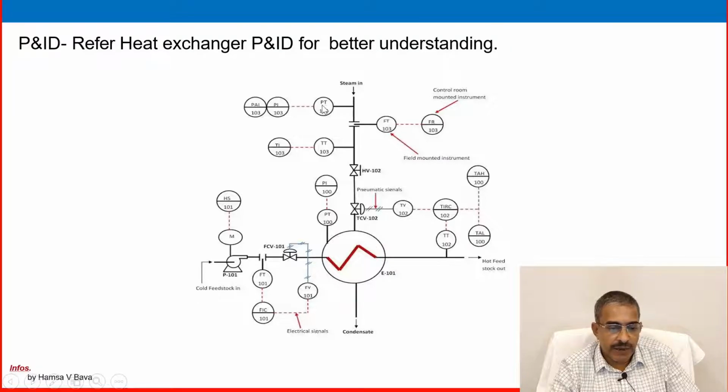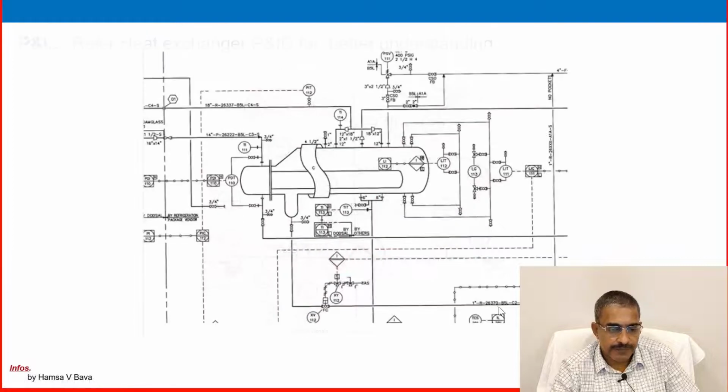And the main things in the steam line: a pressure transmitter, a pressure indicator, pressure alarm low, and steam temperature is taken with a temperature indicator, and steam flow is also taken with a steam flow recorder. And in the heat exchanger itself, on the shell side, there is a pressure transmitter and a pressure indicator. Why the shell side, I will discuss in my coming slide.